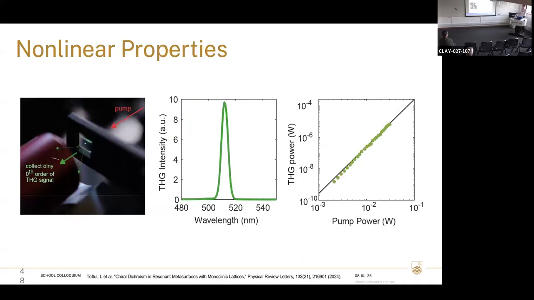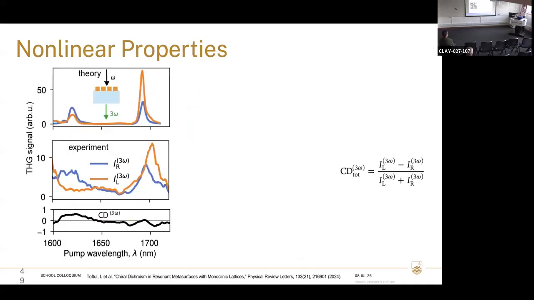Next we turn to the nonlinear CD, where we again measured harmonic generation. Here is the integrated power of the harmonic generation for different pump wavelengths. This one is theory, this one is experiment, and they match quite well.